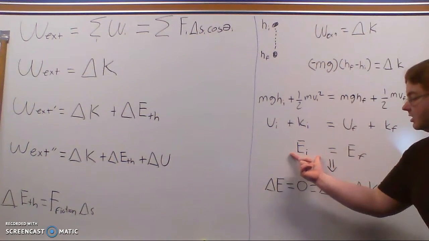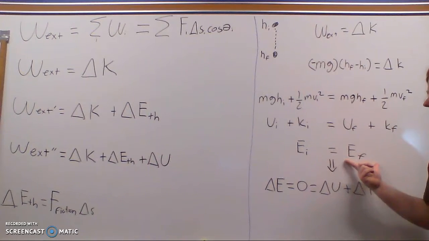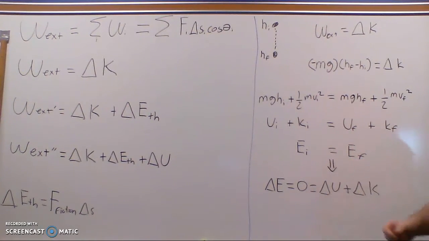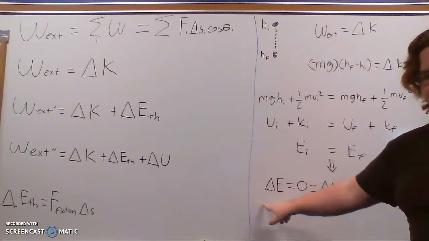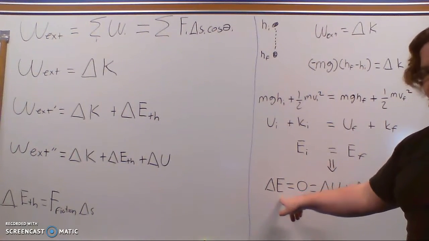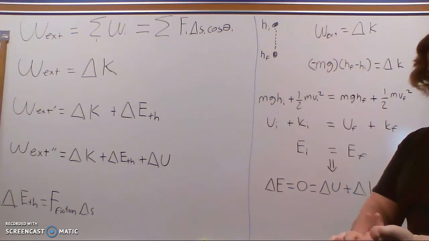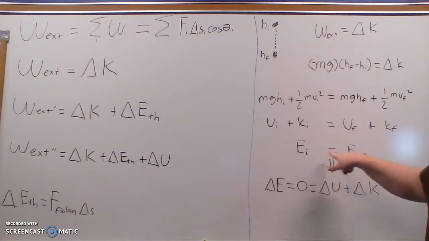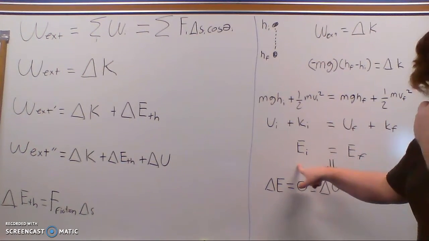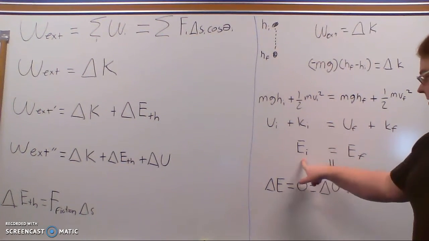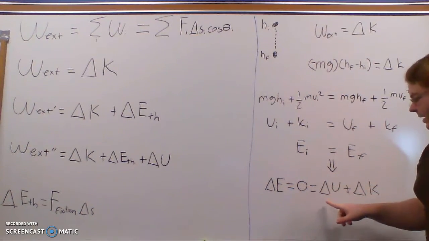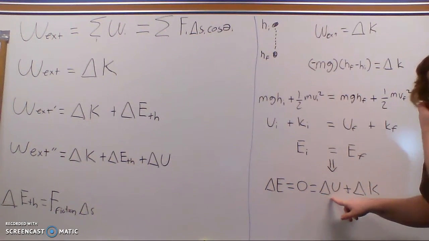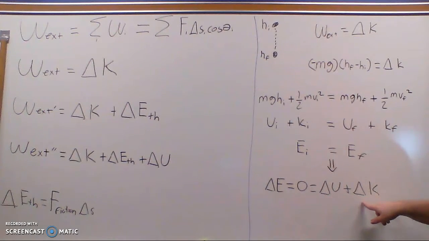So the total initial energy equals the total final energy. Remembering that a delta E, or delta of something, means final value minus initial value, if the final energy equals the initial energy, then E final minus E initial, or delta E, has to be 0. And similarly, the total change in potential energy plus the change in kinetic energy also has to be equal to 0.